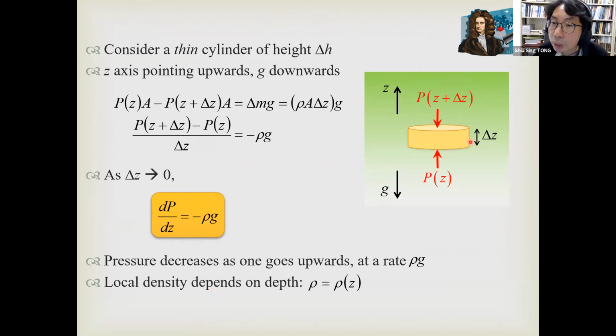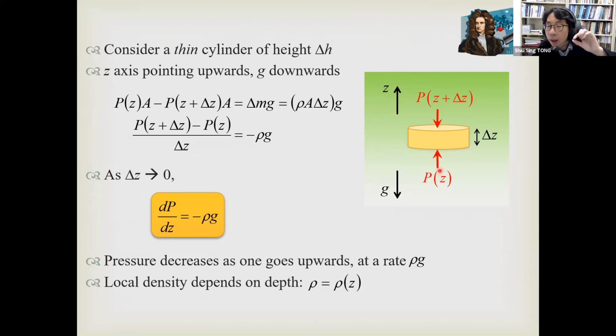Now, the trick is to consider a small thin cylinder. The thickness of that cylinder is delta z, and we use an axis such that z pointing upwards is positive. The cylinder has a thickness delta z, and gravity is pointing downwards. Now the cylinder is being acted on by two forces: the pressure force from the base and the pressure force from the top.